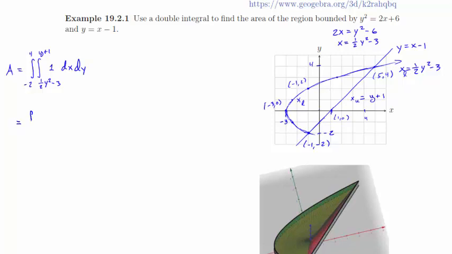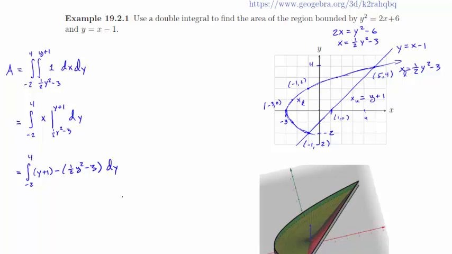So this integral is the integral from -2 to 4, and then we have the antiderivative with respect to x evaluated from 1/2 y squared minus 3 to y plus 1, and then dy. So this equals the integral from -2 to 4 of y plus 1 minus (1/2 y squared minus 3) dy.